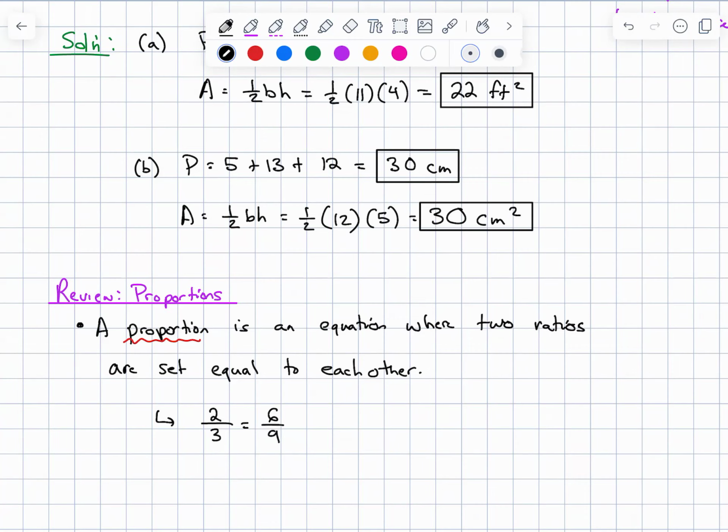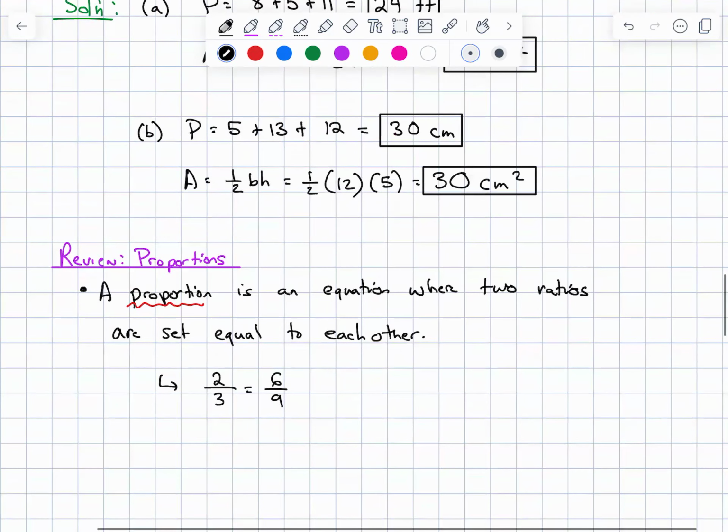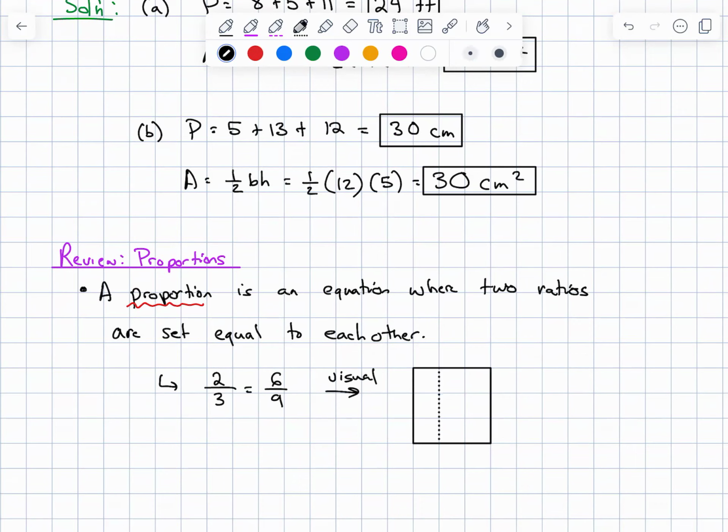So one way to visualize that is to draw a little box of why this is true. So I'll draw a box, which I will divide into 3 equal portions. And then I will fill in the first 2.